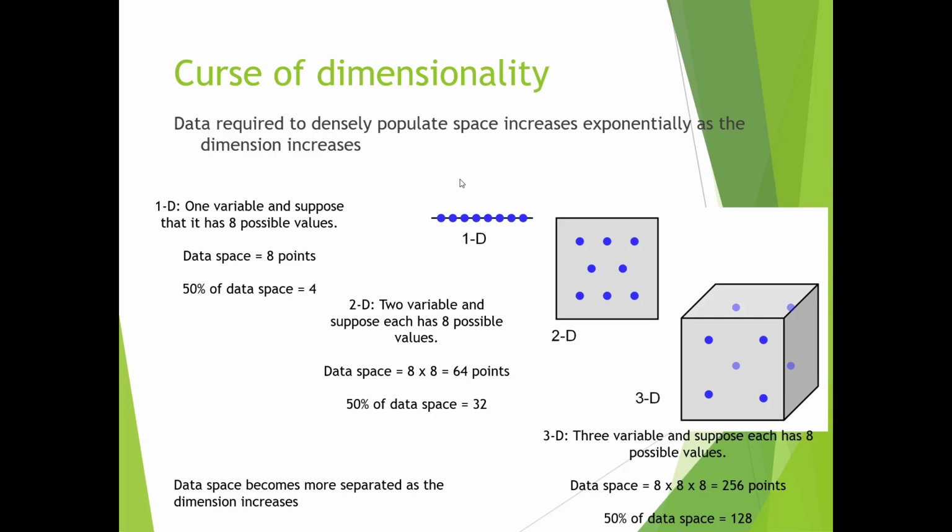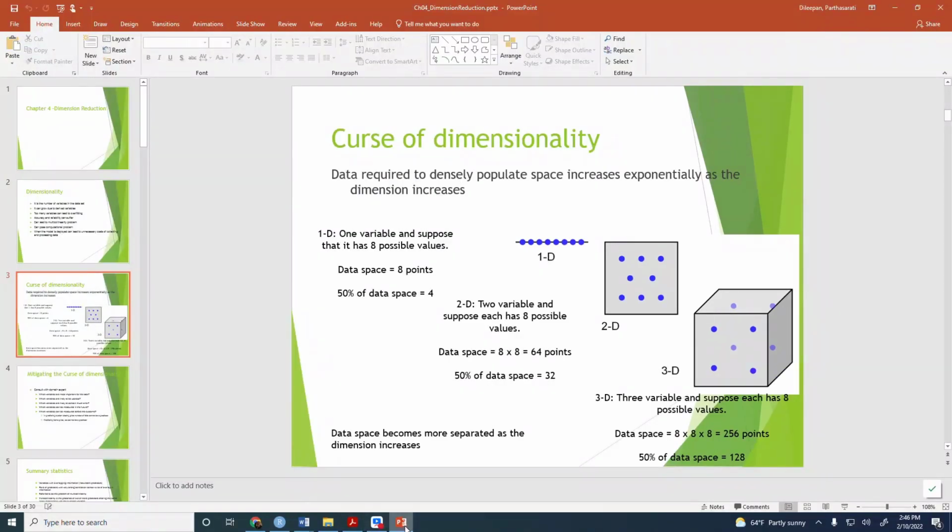So as you add more variables, the data space becomes larger and larger, and the empty space between points keeps increasing at an exponential rate. The larger the number of dimensions, the more data we need to have a truly representative data set. So that is the problem.